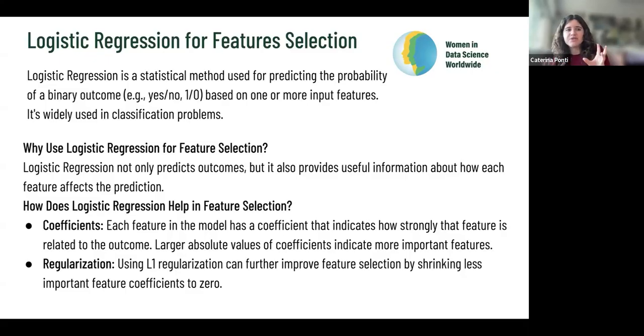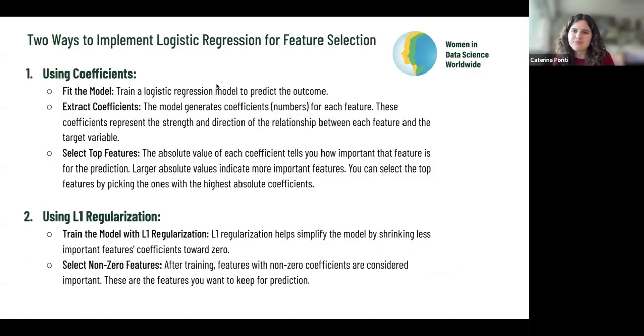We have coefficients, so each feature in the model has a coefficient that indicates how strongly the feature is correlated to the outcome. And then we also have regularization. We're gonna use both. L1 regularization can further improve feature selection by shrinking less important feature coefficients to 0. So we can go to the next slide.